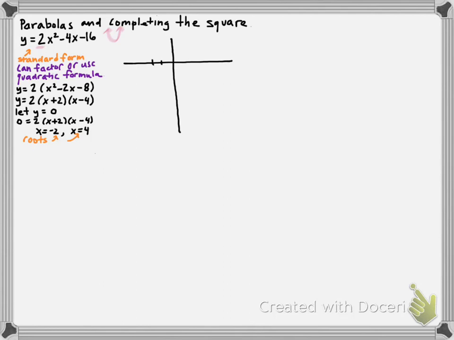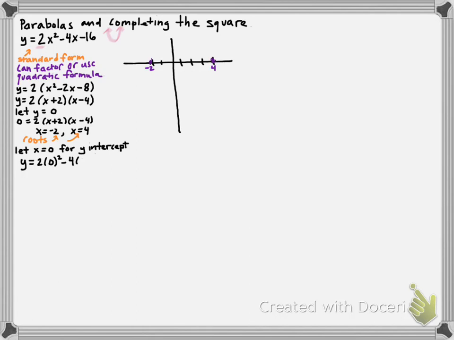I'm going to go ahead and put those 2 roots on my graph on the x-axis at -2 and at 4. And now I know my parabola is going to hit the x-axis in 2 places. Not all parabolas do that, and this one will. Next, I'm going to let x equal 0 for my y-intercept.